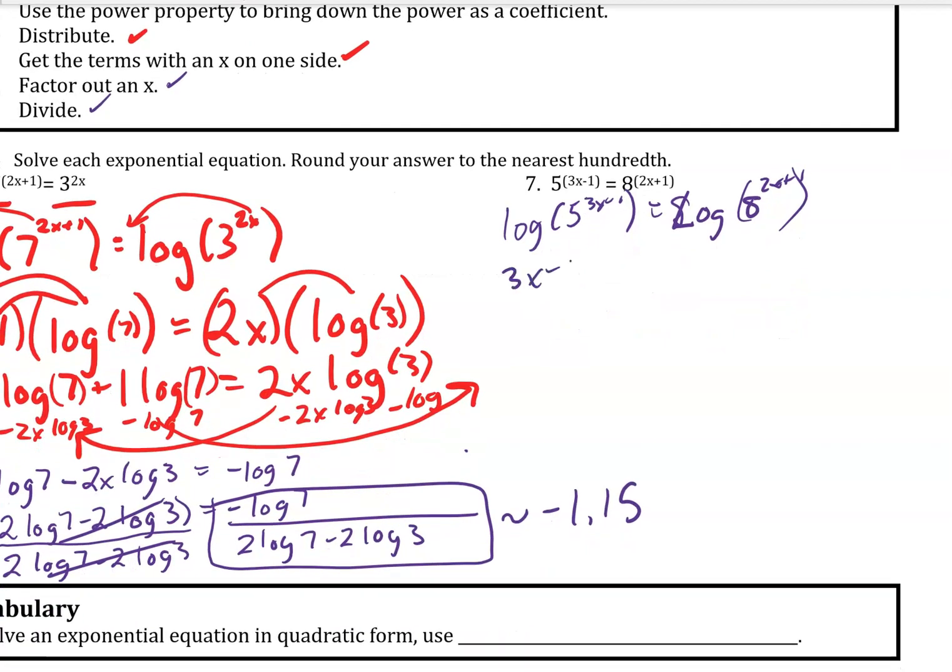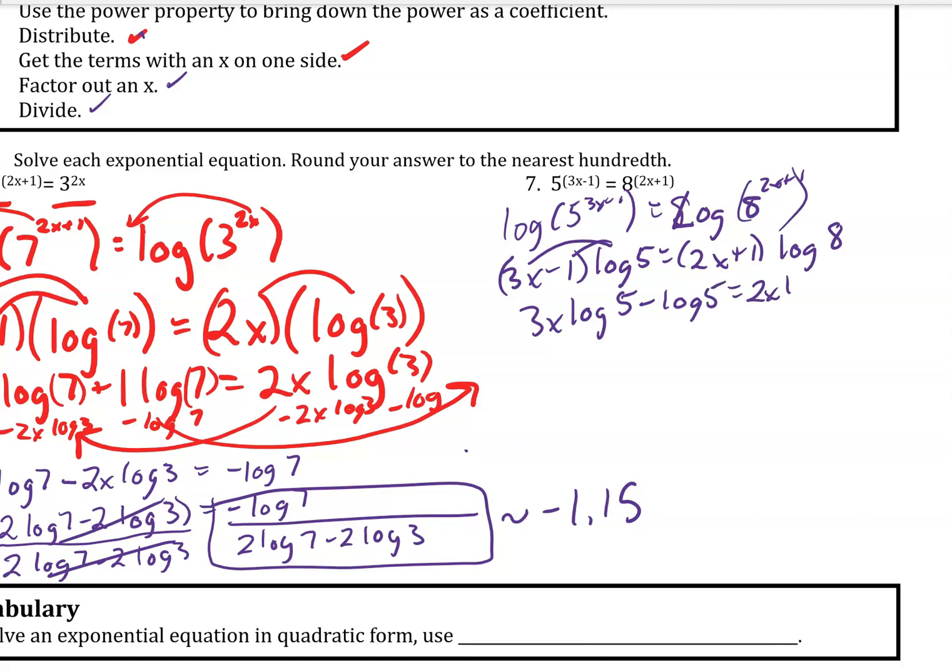So 3x minus 1 times log of 5 equals 2x plus 1 times log of 8. Now we're going to distribute: 3x log 5 minus log 5 equals 2x log 8 plus log 8.